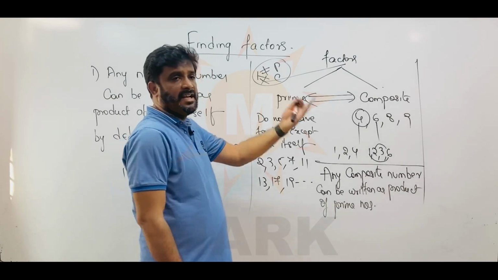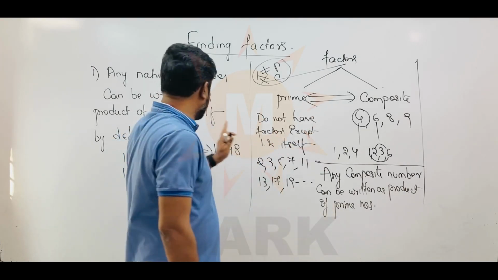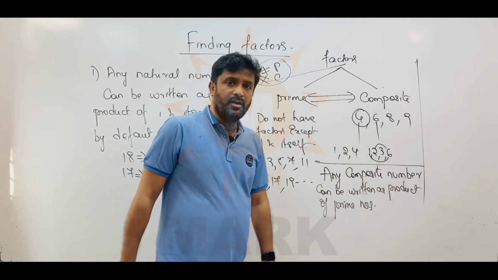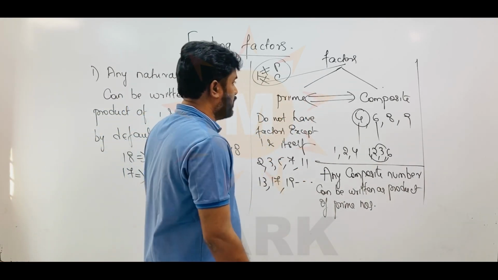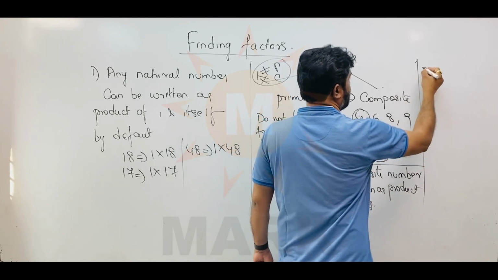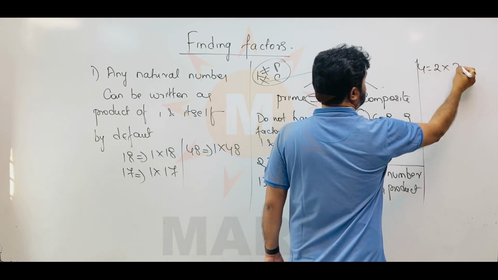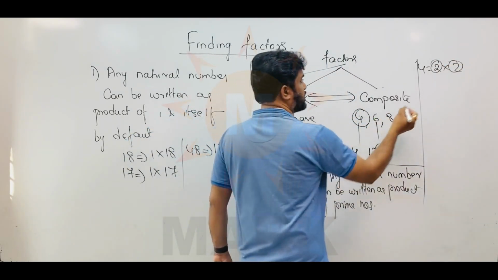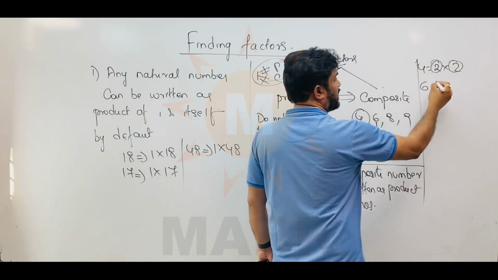They can be written as a product of one and itself anyway, that everybody knows. Apart from that, if you take any composite number, we can write it as a product of prime numbers. Suppose if you take 4, 4 can be written as 2 into 2. 2 is a prime number. Suppose you take 6, it can be written 1 into 6, anyway we can write 2 into 3.